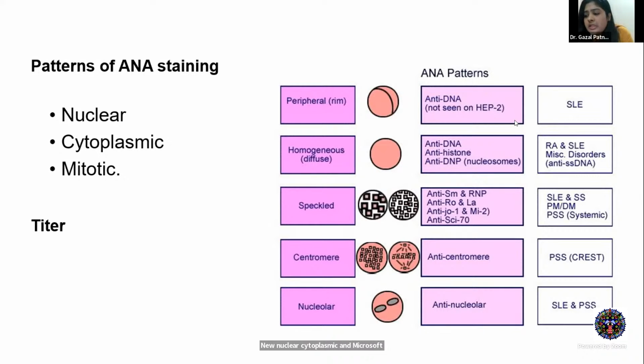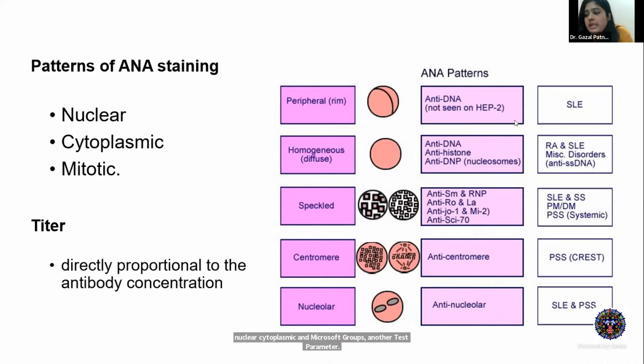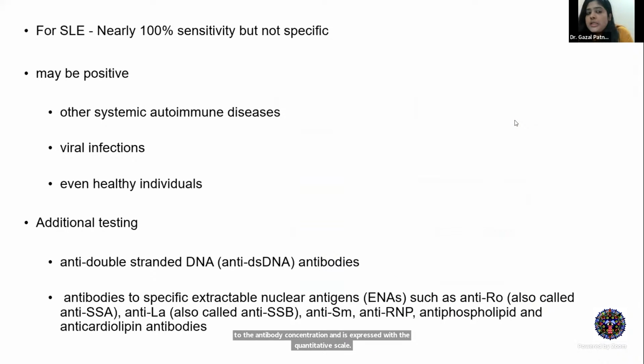Another test parameter we see is the ANA titer, which is directly proportional to the antibody concentration and is expressed with a quantitative scale of values. Although this ANA test has a high sensitivity of around 100% for the diagnosis of systemic lupus, it is not specific for this diagnosis, and it may be positive for other systemic rheumatic diseases and organ-specific autoimmune diseases, viral infections, and also in healthy individuals.